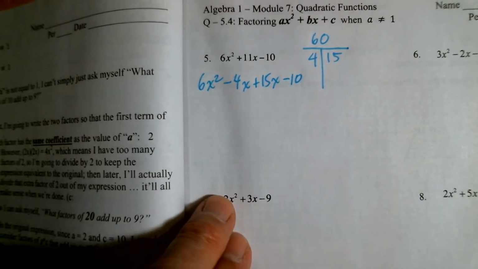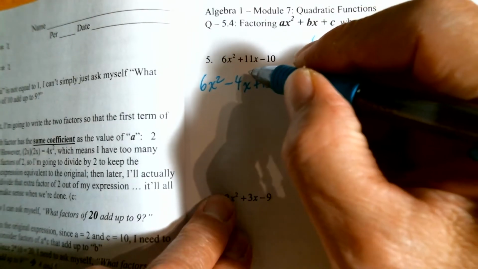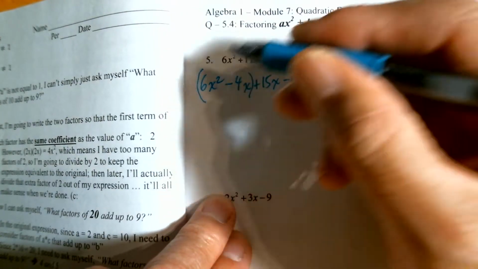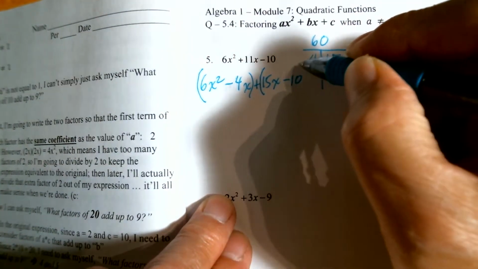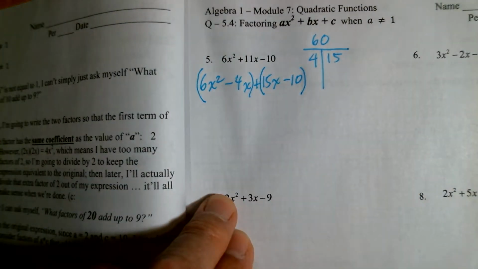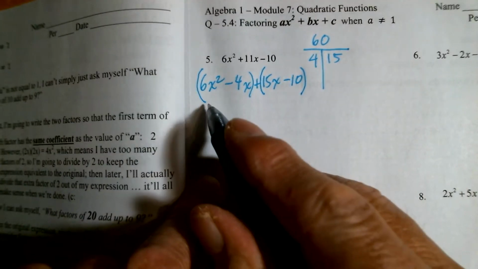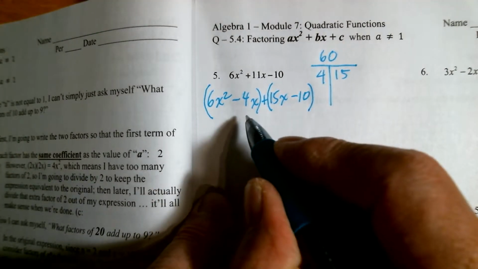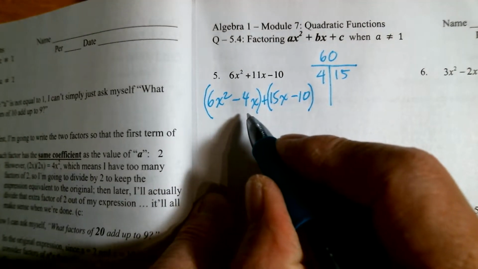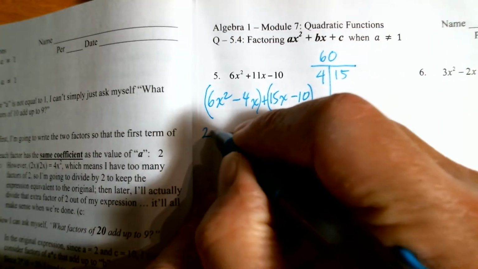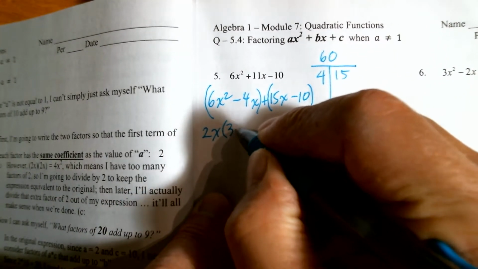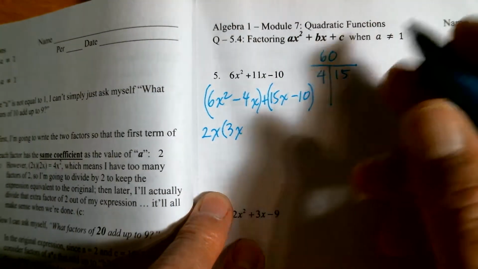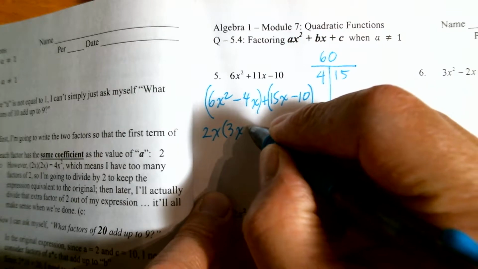Okay, let's group them. Common factor we can take out of this is 2x. Yeah, 2x. Negative 4x divided by 2x equals minus 2.